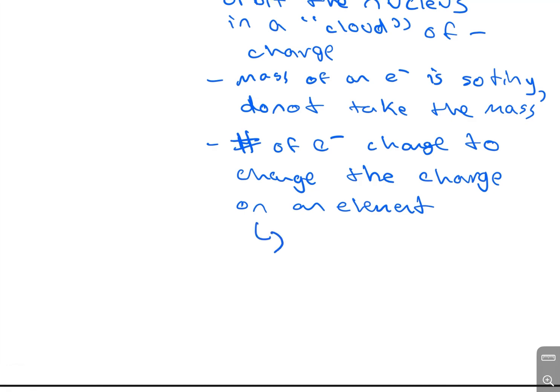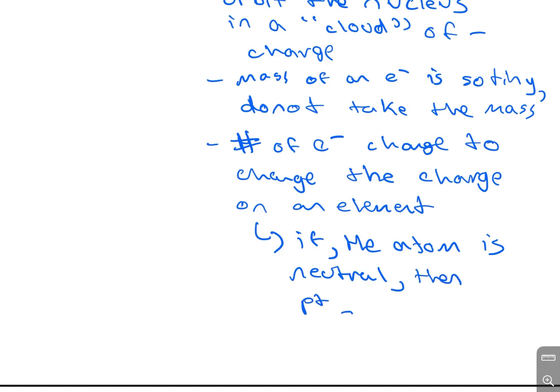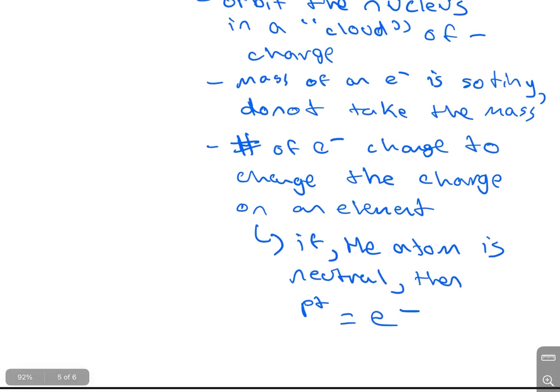So the fifth point, I'd say, is that if the atom or element is neutral, then the amount of protons is equal to the amount of electrons.